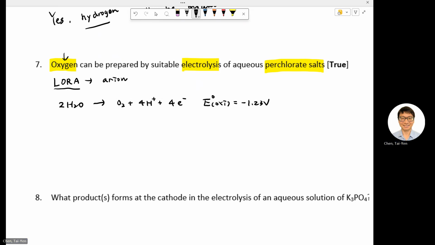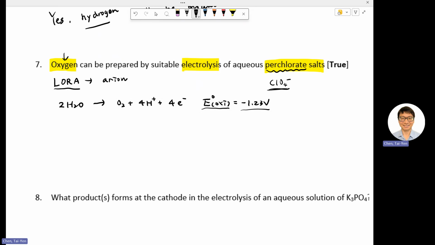As long as the other ionic species inside your solution have an oxidation potential more negative than this value, effectively you will just electrolyze your water and produce your O2. Then we want to know what ionic species you have. Here, you have a perchlorate anion, which is ClO4 minus.